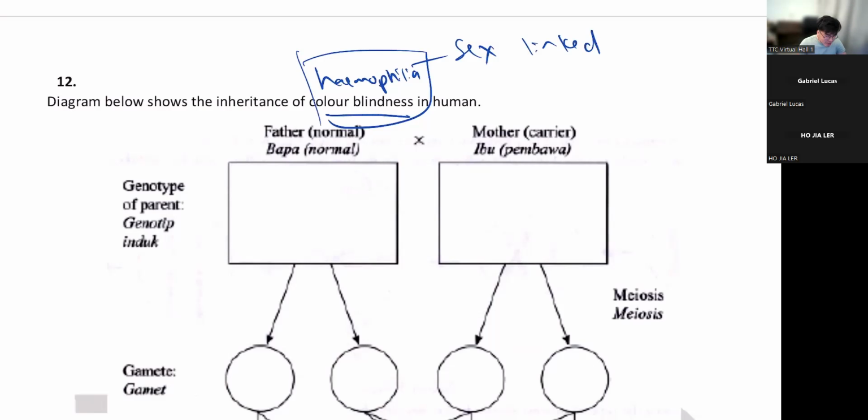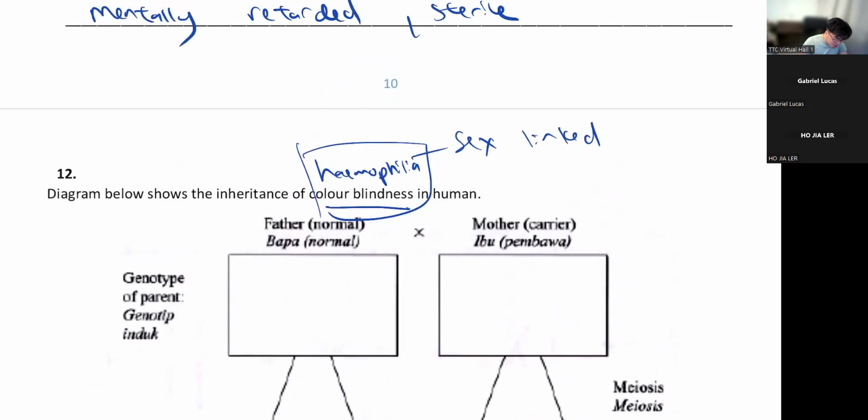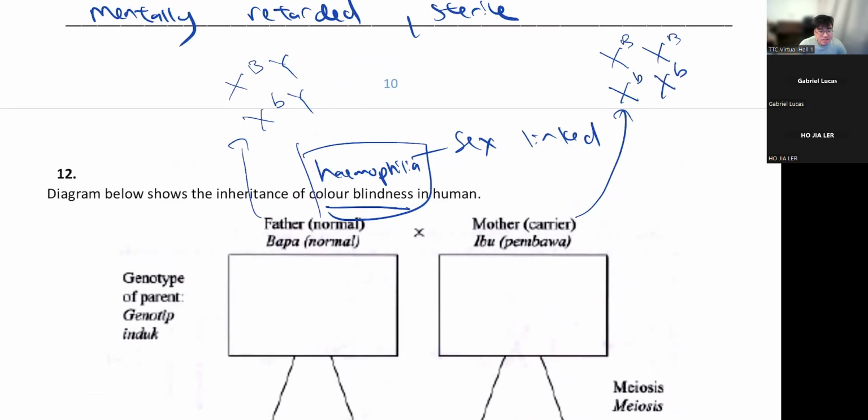A guy can have two possibilities: either you have no disease, you are normal, or you have the disease. Whereas for females, there's three choices here: whether you're normal, or you have the disease, or you are a what is this case called?